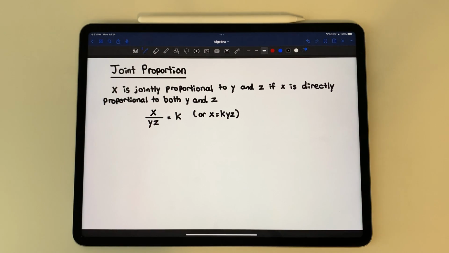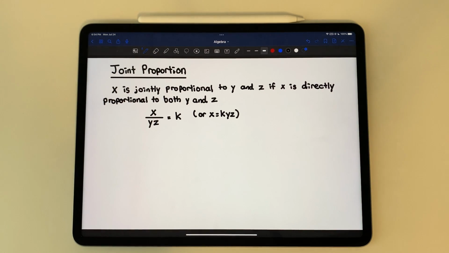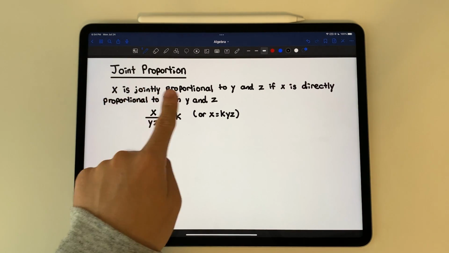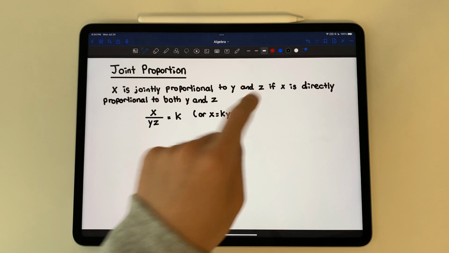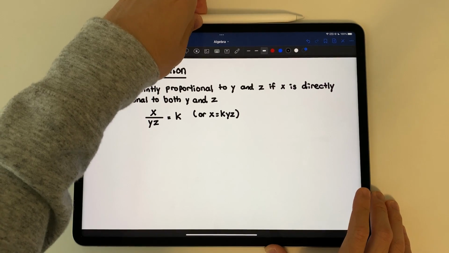So joint proportion relates three quantities. And by definition, we say x is jointly proportional to y and z if x is directly proportional to both y and z. So that's very important.